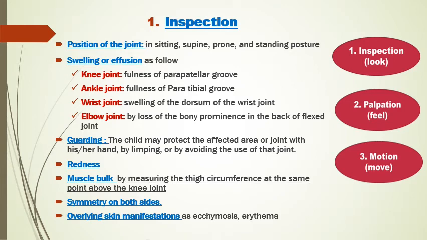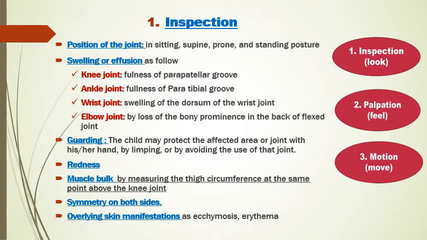When I inspect a joint, I must inspect the joint in sitting and standing position. In standing position, I must inspect the joint from the front of the child and from the back of the child and from the lateral side. In sitting or lying position, I must examine the joint in a prone position and supine position.